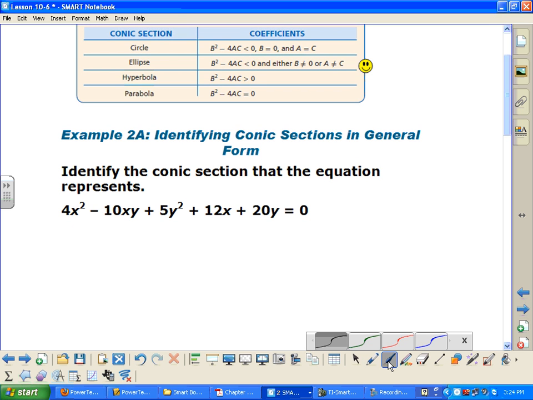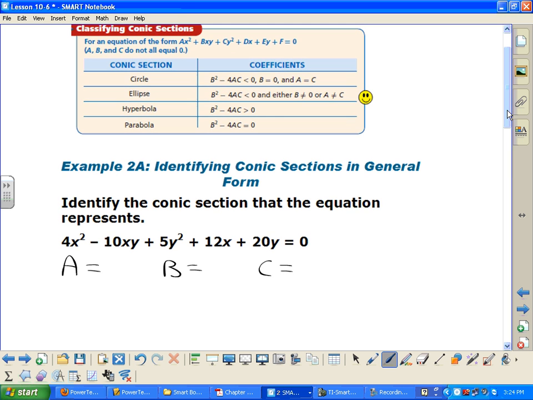So we're going to identify what a, b, and c are to start with so we can do the calculations. A is always the coefficient of x squared. B is always the coefficient of xy, and c is the coefficient of y squared. So we've got a is 4, b is negative 10, and c is 5. And we're going to calculate b squared minus 4ac.